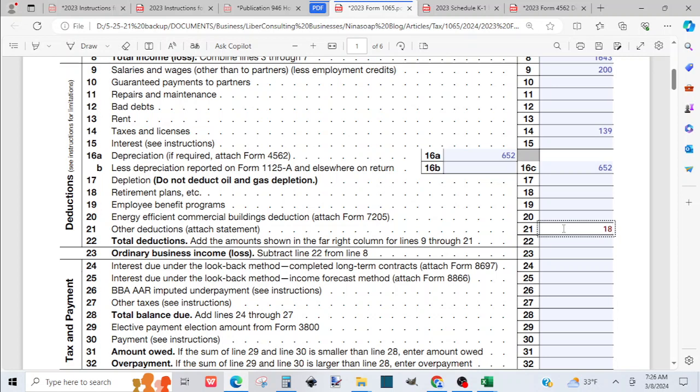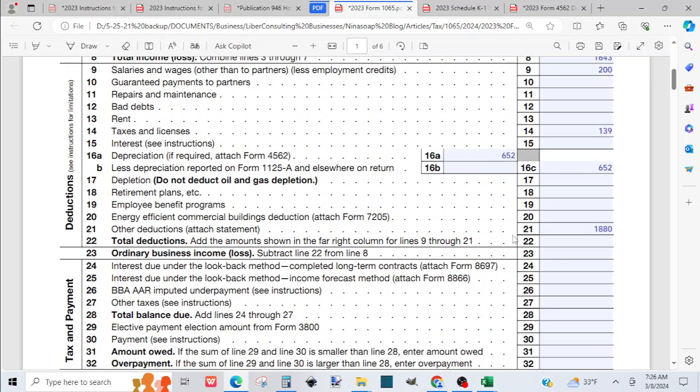That includes the amortization as well. And you'll add an attachment to your form, and the software should give you the option to state your own types of expenses and the amounts, and then add that attachment for you.